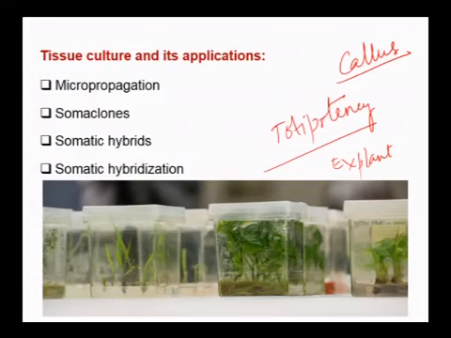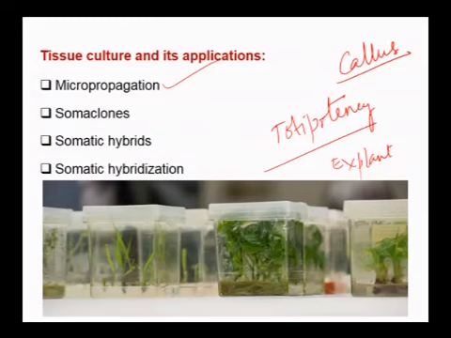This callus again redifferentiates and produces various tissues, organs and parts of the plant, and a complete plant is produced through tissue culture. Large scale production of tissue culture plants is known as micropropagation.